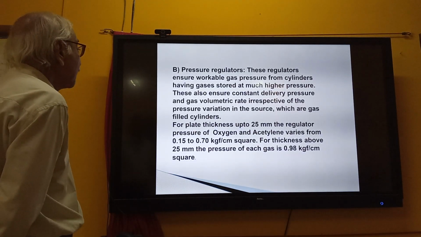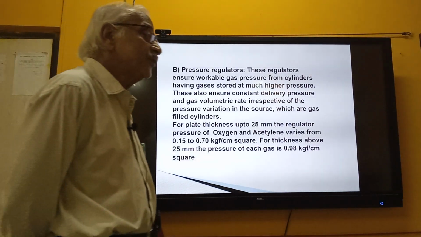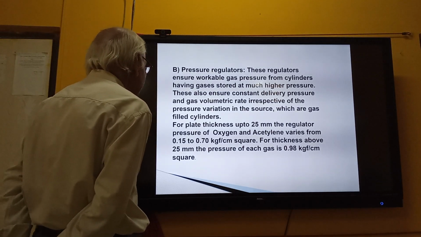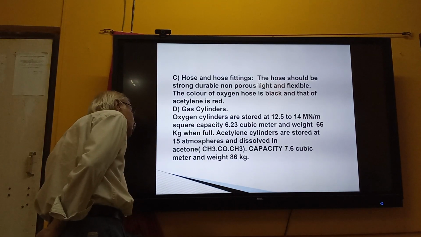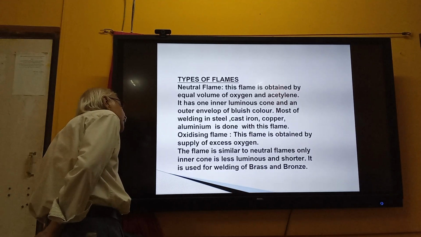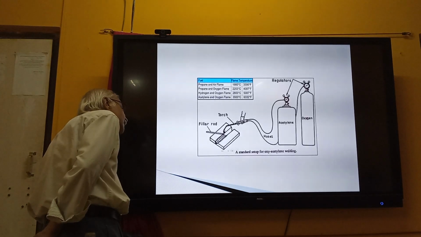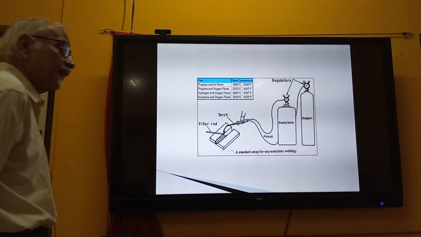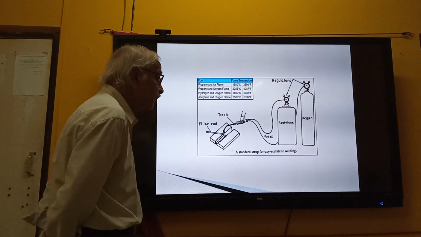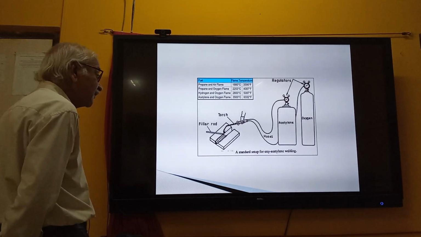Now, in the cylinder, there are pressure regulators fitted on the oxygen cylinder or the acetylene or LPG cylinder. Now, we will go to a gas welding setup here first. This is a typical gas welding setup, where you can see the oxygen cylinder, which is smaller in diameter and larger in height, and the acetylene or LPG cylinder.